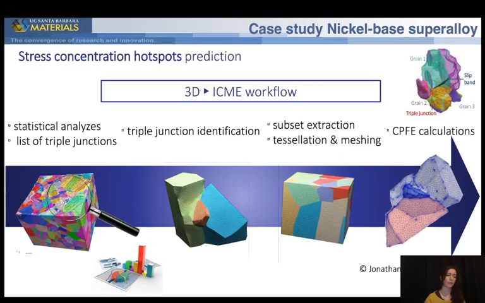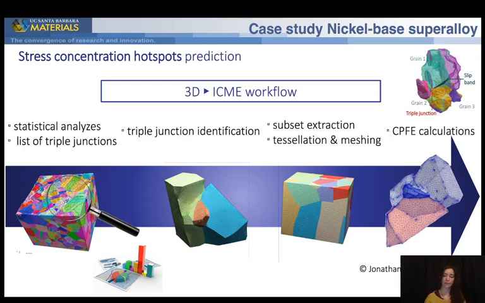To check this hypothesis, we have been performing crystal plasticity calculations that tell us what slip systems are active during loading, and since we have the 3D microstructure information all captured, we simply tessellate and mesh the volume of our experimental dataset.